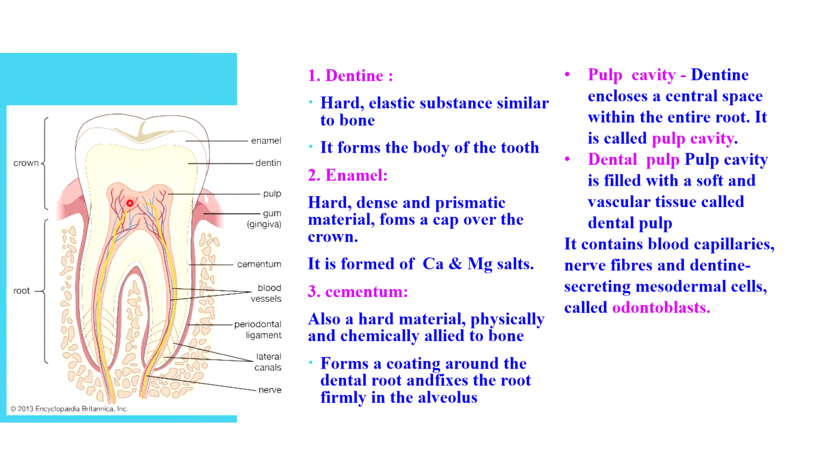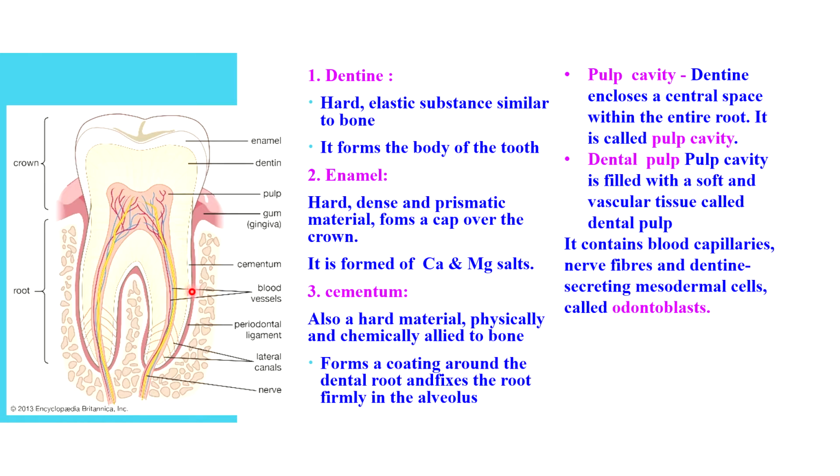The enamel is seen over the dentine above the gum; it is a hard, dense and prismatic material that forms a cap over the crown, and it is made up of calcium and magnesium salts.